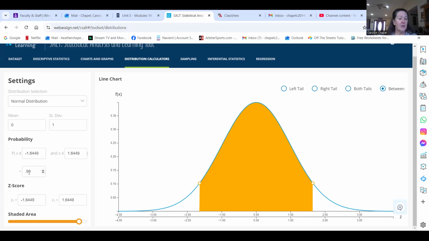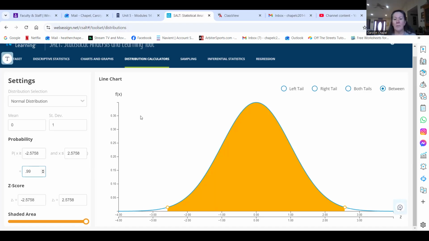We can change it to a 0.8, find 80%, our critical value for the 80%, 1.2816. And then we'll also do 99, which I said would be pretty close to a 3. And it's not quite there because 3 was actually 99.7%. So we get 2.5758. So those are our Z stars.